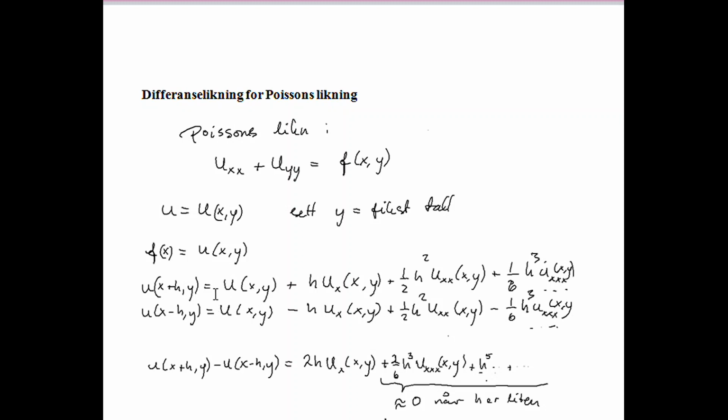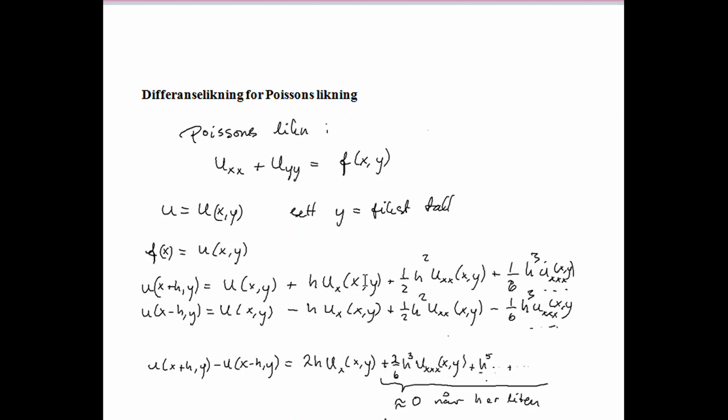And in the same way, if we replace h by minus h, we get this series. In order to see this, just replace h in this equation by minus h.